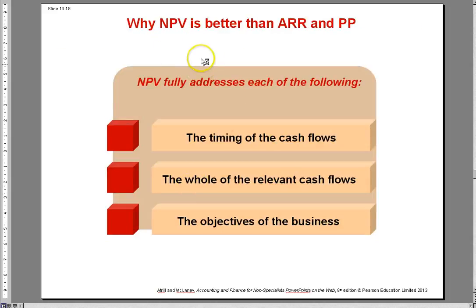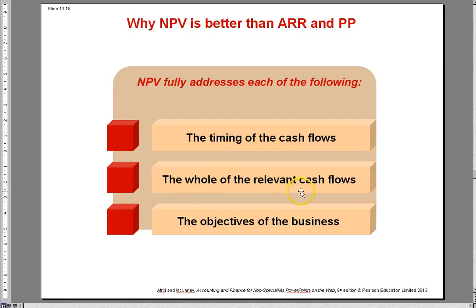So why is net present value better than the payback period? Well, the timing of the cash flows is one thing. We take account of that with net present value, less so with payback period.